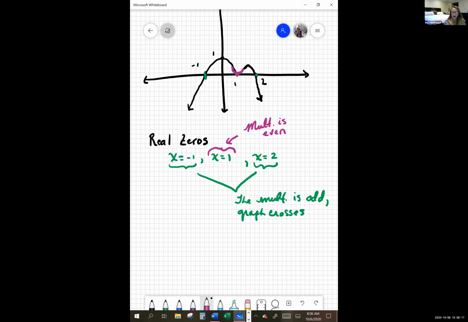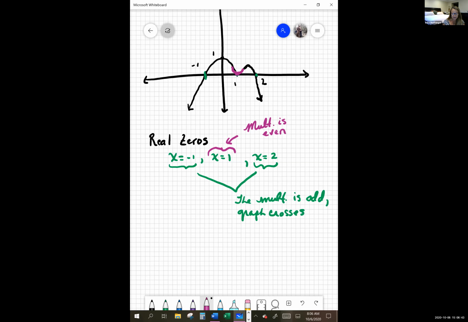So just by knowing that fact, if they wanted to know the least degree of the polynomial, from that information right there, if it crosses, that means, like I said, it was an odd multiplicity. So let's say odd is just multiplicity 1, right? That's the least. So each of these has a multiplicity of 1, or a factor occurring only once.